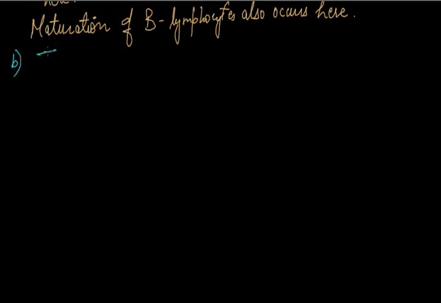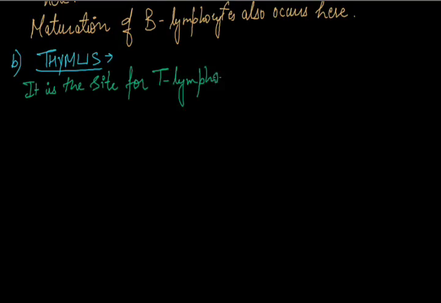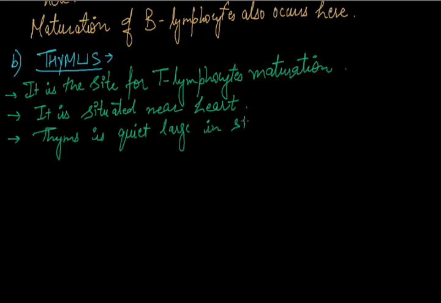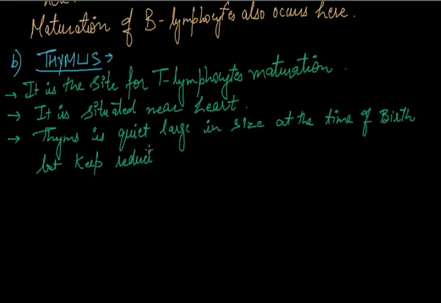Next is thymus. It is also a primary lymphoid organ. Thymus is the site for T lymphocyte maturation. Second, it is situated near the heart. Next, thymus is quite large in size at the time of birth, but keeps reducing with age.